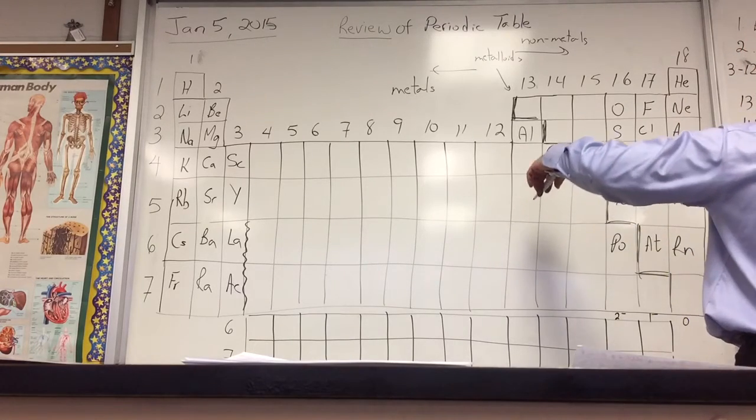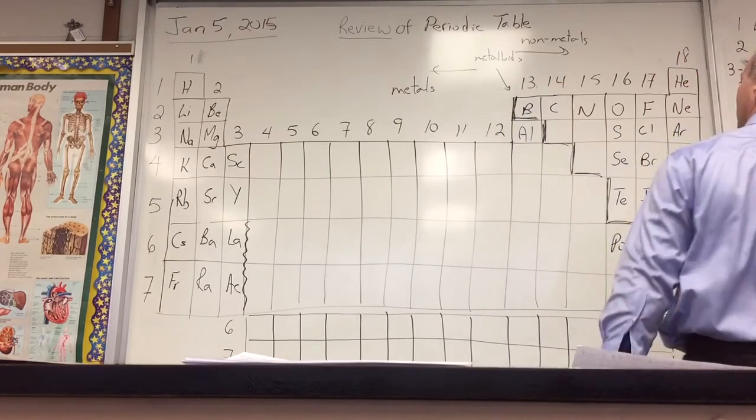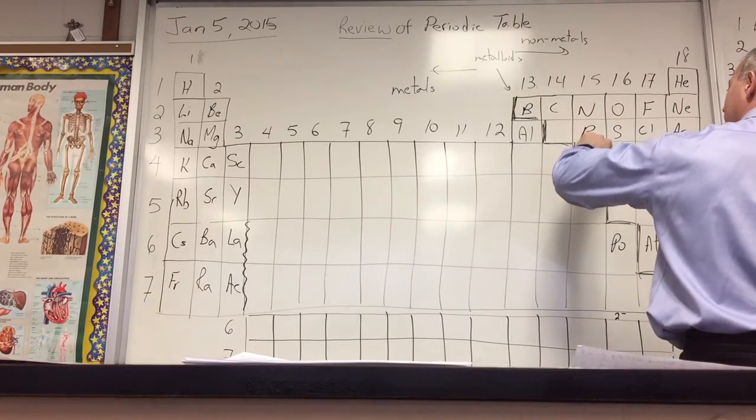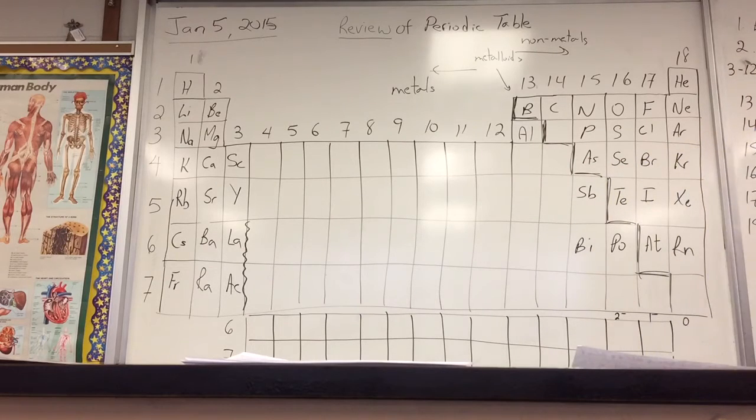Next to that, we have N, P, As, Sb, Bi. It's the nitrogen group. It's not a very imaginative name, but that's what they've called it, the nitrogen group. And the nitrogen group takes on typically a -3 charge.